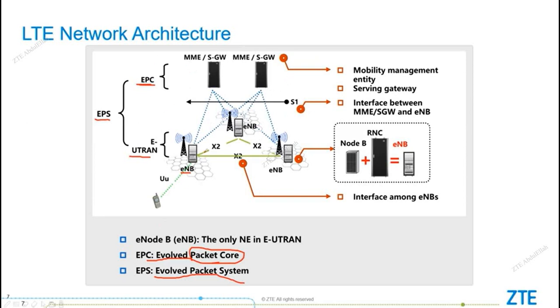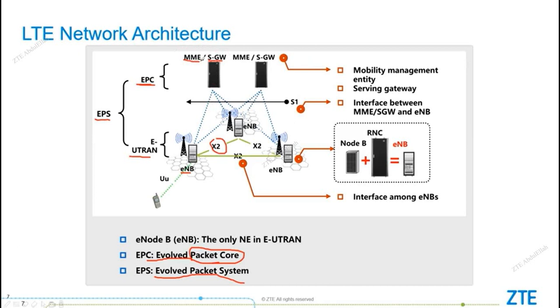And then between different nodes, there is an interface. For example, between eNodeBs, the interface is the X2 interface. And between eNodeB and the core network, we know eNodeB can connect to MME and SGW in the core network. MME is for the control plane. SGW is for the user plane.